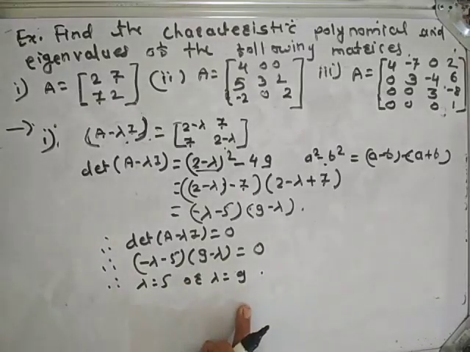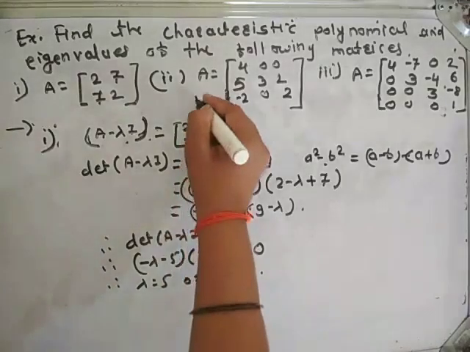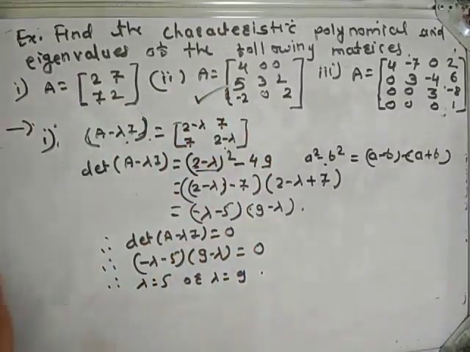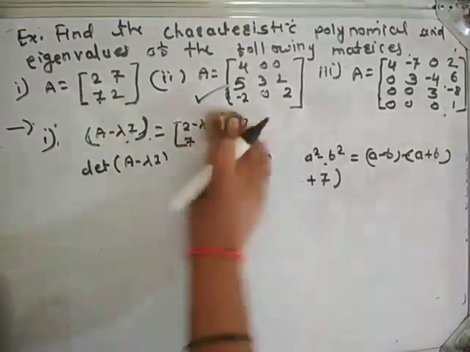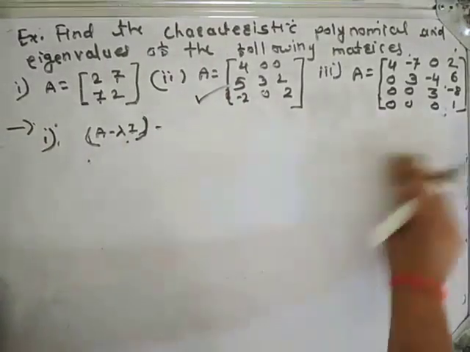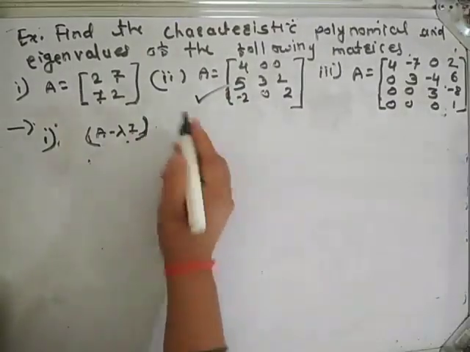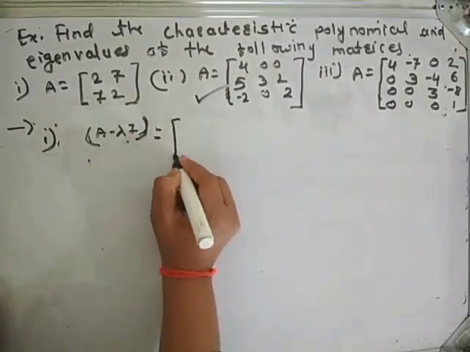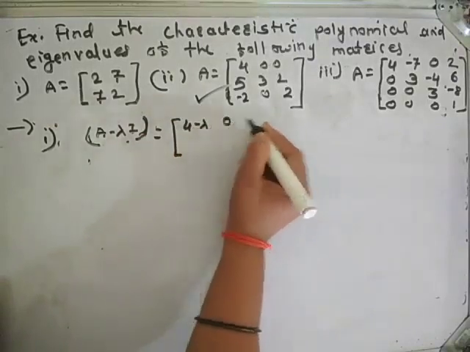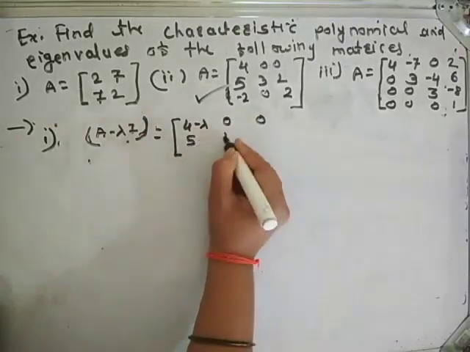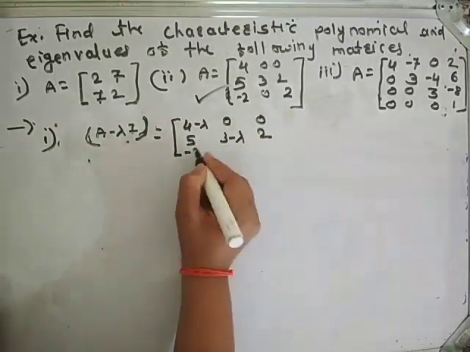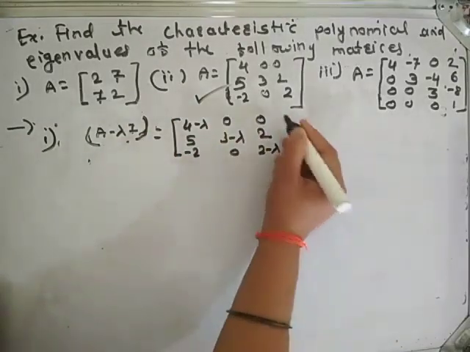Okay. Now we will find eigenvalues of the next matrix A. Similarly, first calculate A minus lambda I. This is nothing but matrix 4 minus lambda 0 0 5 3 minus lambda 2 minus 2 0 2 minus lambda.